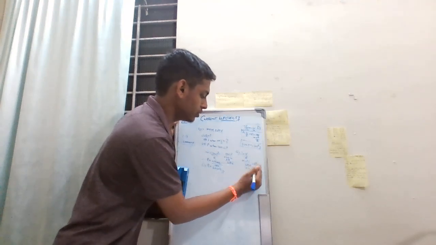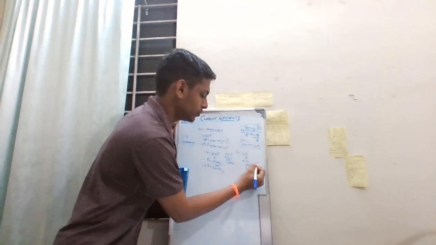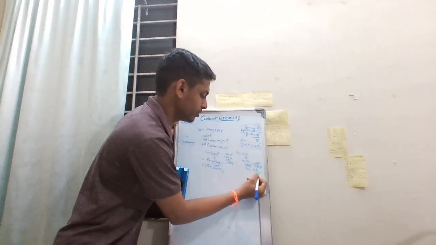So 44 times 2 into 2, 2 fives are 5 by 22.